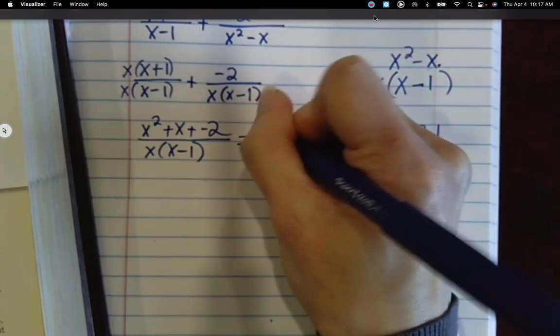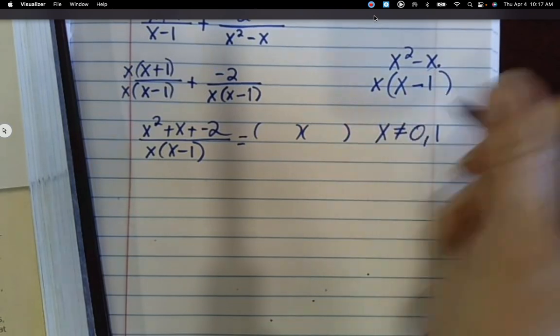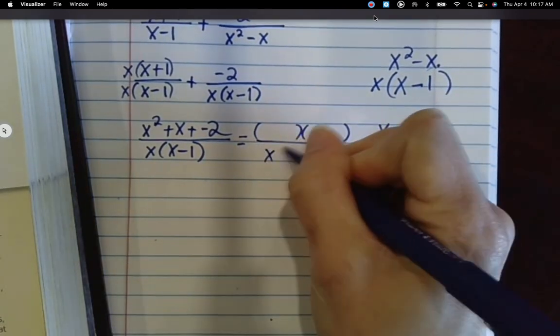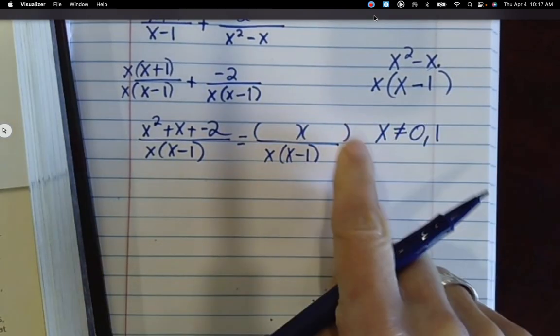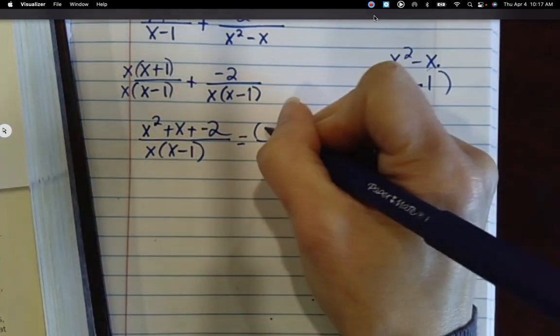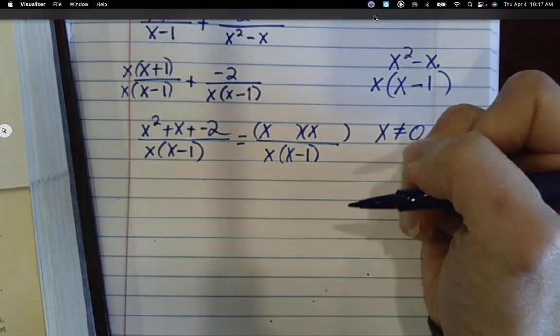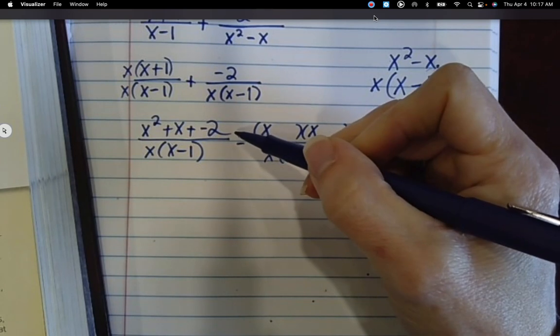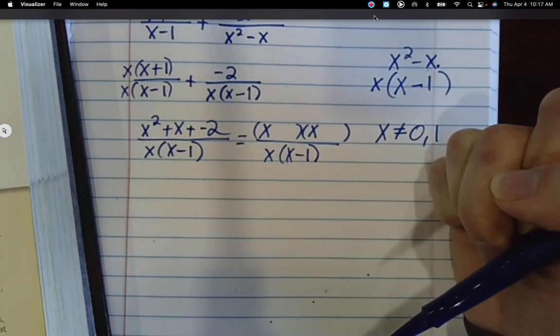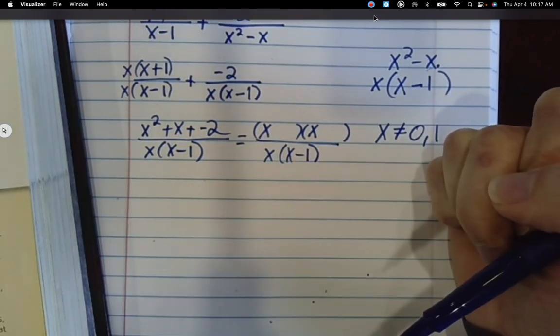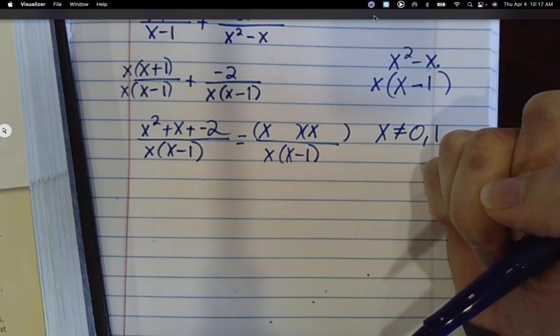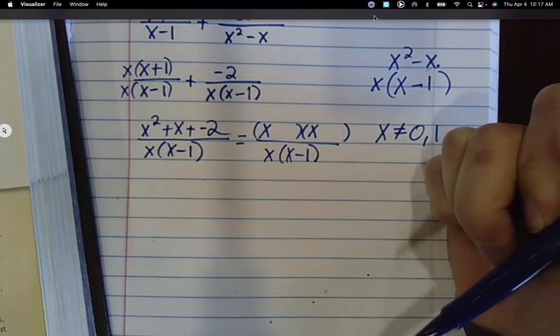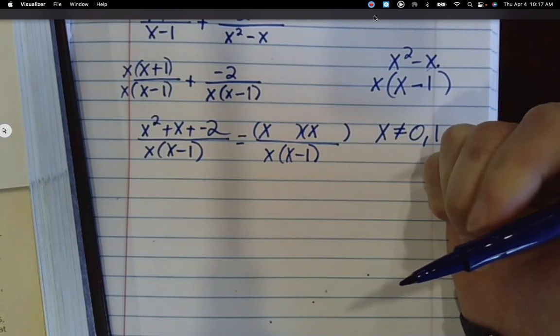So I will do 2 parentheses, and then again, I'm just bringing over my denominator. So this is a -2. I've got x and x. What times what is -2, but it adds to 1? But that would, a -2 and +1 would add to -1. So it's a +2 and -1.